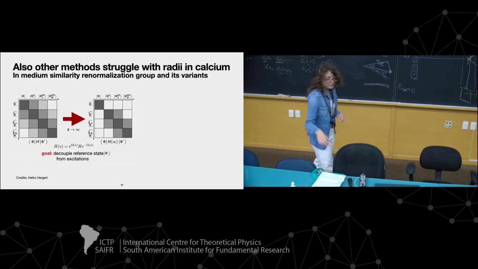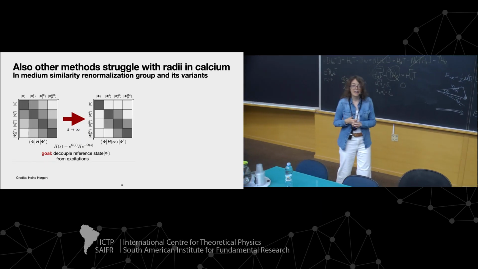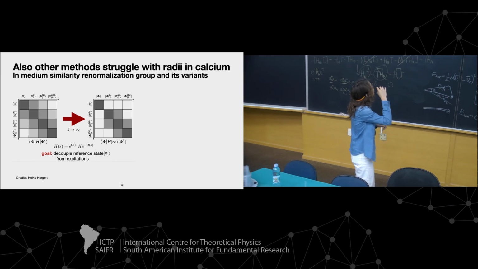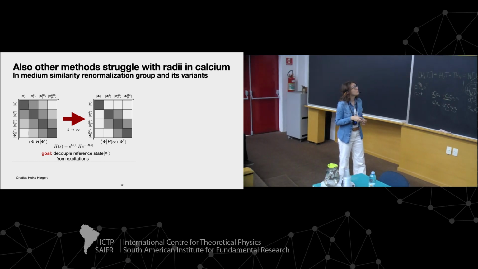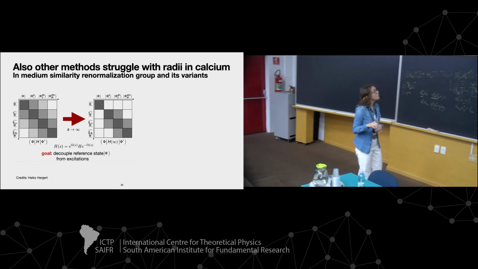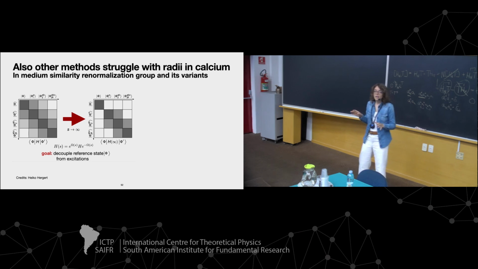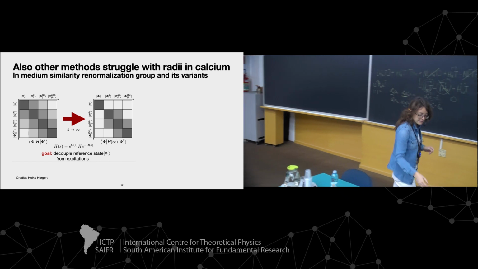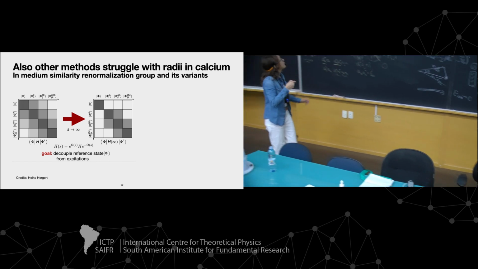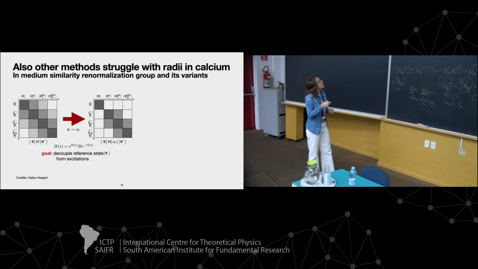Actually, also other methods are struggling with radii in calcium. And in particular here, I wanted to just say a few words regarding the in-medium similarity renormalization group, because this is something that came up yesterday. So the idea of this method is actually to perform, as I was saying before, a unitary transformation of the Hamiltonian that allows us to decouple the reference Slater determinant from all the other excited Slater determinants.